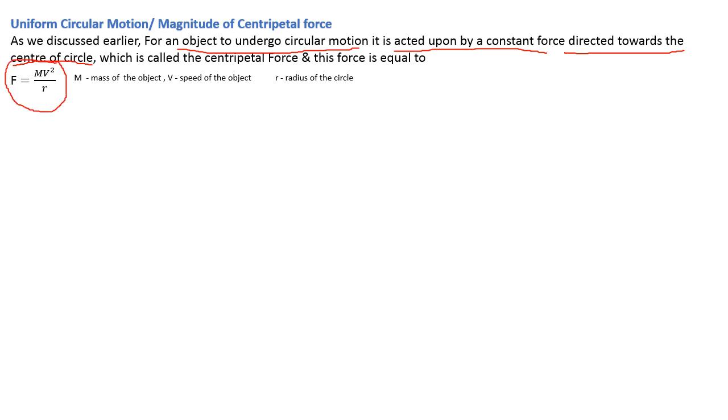Now, how is this centripetal force F equals mv squared upon r derived? We don't have that derivation here.